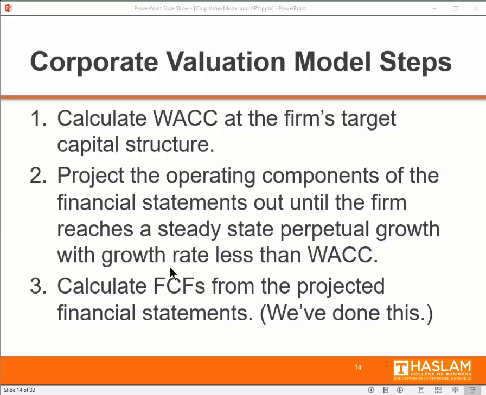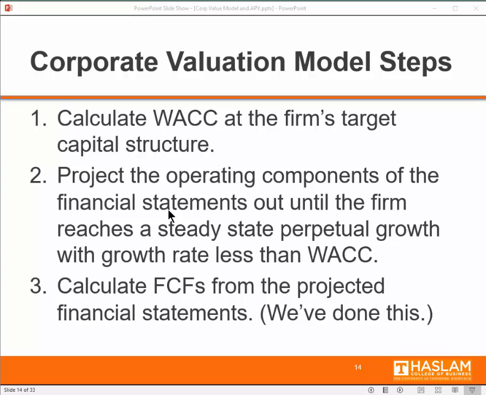And so our steps, and we've already done the first three: calculate the weighted average cost of capital at the firm's target capital structure, and project the operating components of the financial statements until that firm reaches a steady state growth period. You can't do this valuation model if you don't project the company's financial statements all the way out until it reaches a steady state perpetual growth.